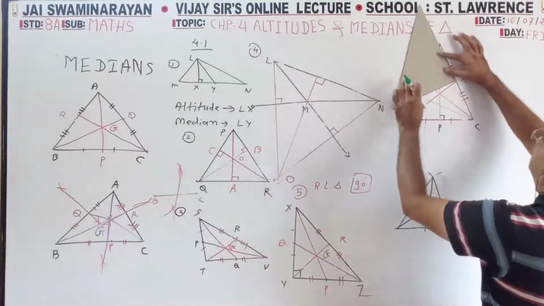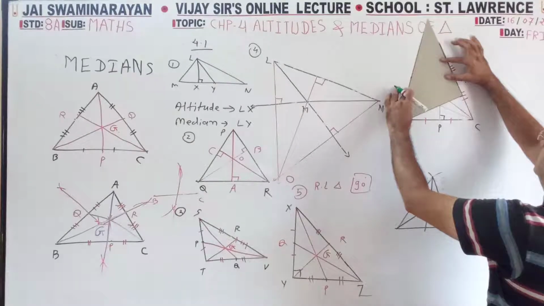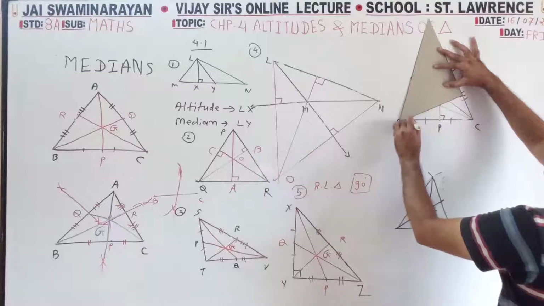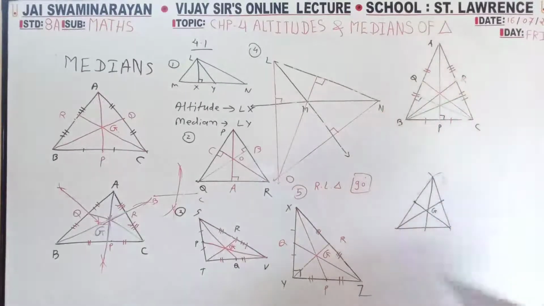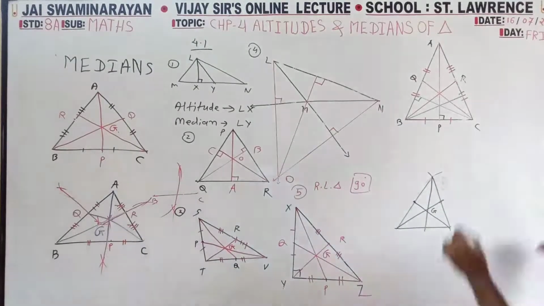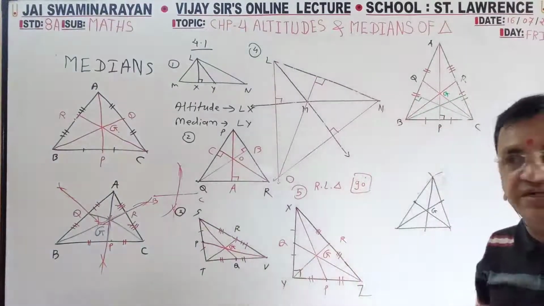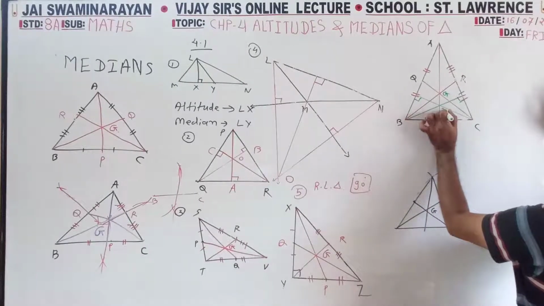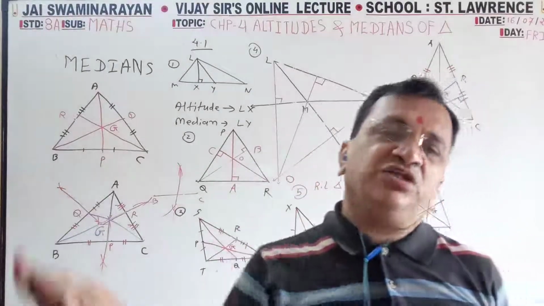From here up to this B point. So where the red lines meet, that is G, because by median, and this is by perpendicular, this is O. You must have observed O and G are on the same line.